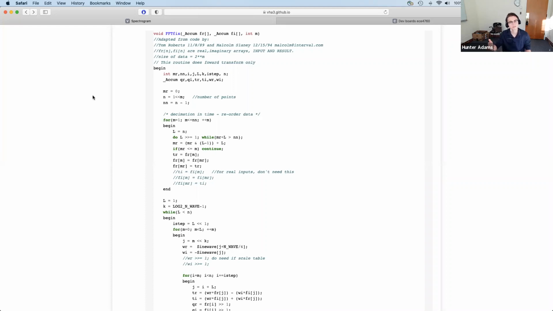Now, in our case, we're sampling sound, so we have purely real inputs. So you will always have, for your imaginary input to this function, an array of zeros. And as your real input to this function, you will have your array of audio samples. That array, as I mentioned, and for reasons that will become clear, will be an array 512 elements long.